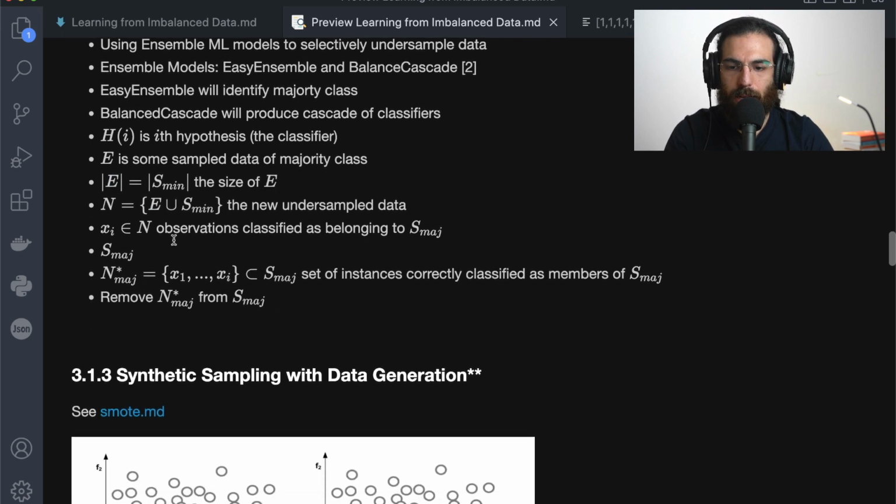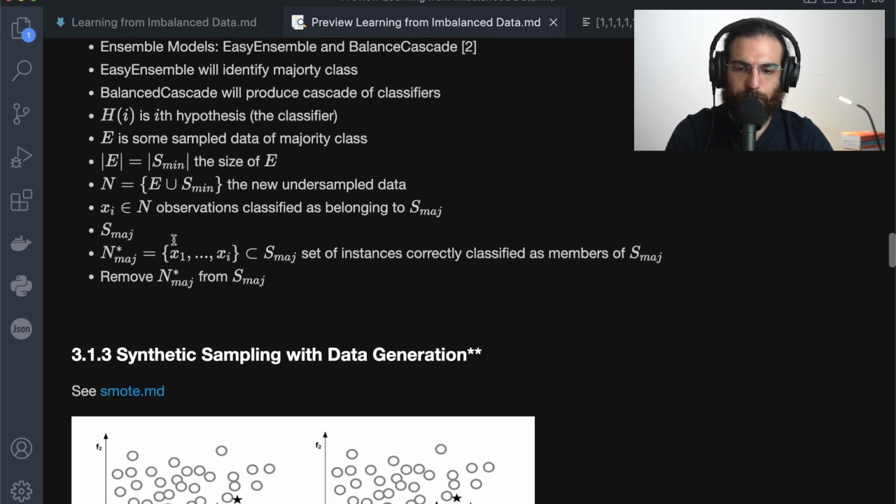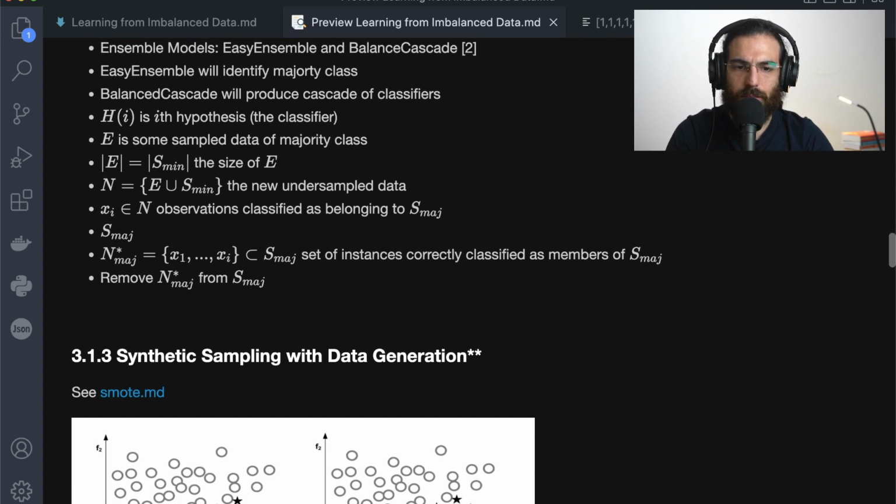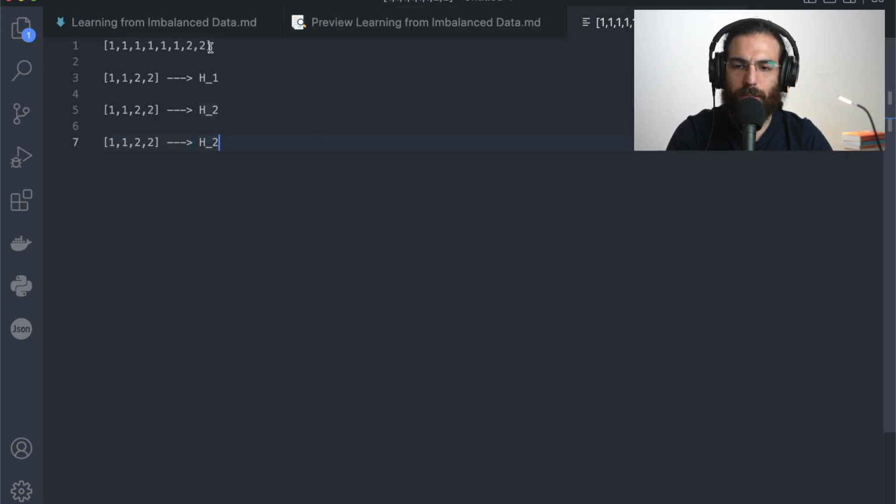Okay, and then what we're also going to do is this. Something else that I forgot to point out: every time we produce a classifier, we are going to remove the observations from which we have already learned. So for example, in the first subset, we learned about the first 2, so we will eliminate them.